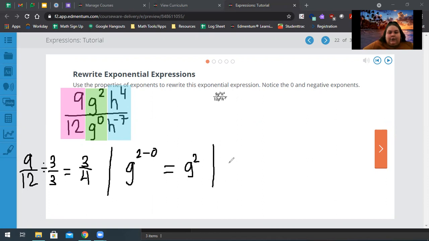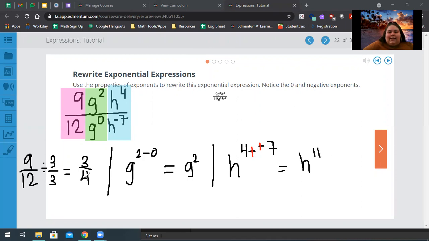Let's take care of the h. h has the same base of h, but it's going to be 4, the top exponent, minus, so it's always minus, the bottom exponent, which is negative 7. So from here, I have this double negative, so I can change the sign here. So this is becoming 4 plus 7, which is h to the 11th power.